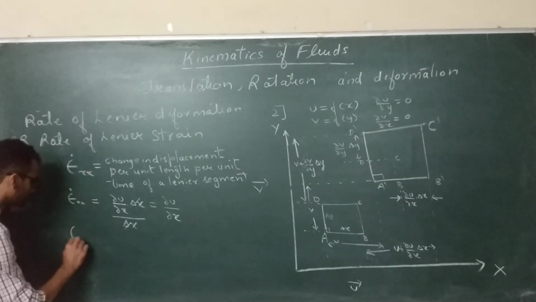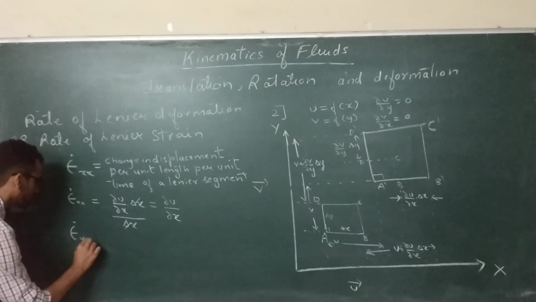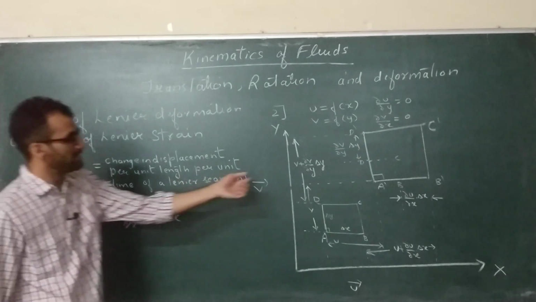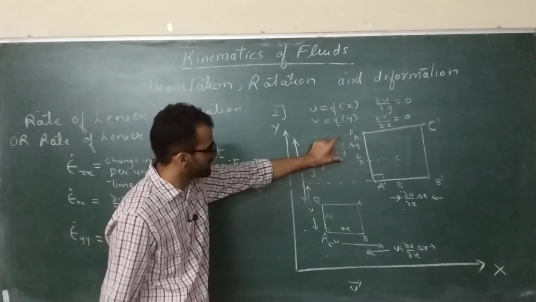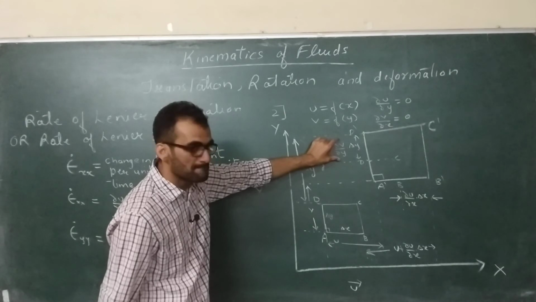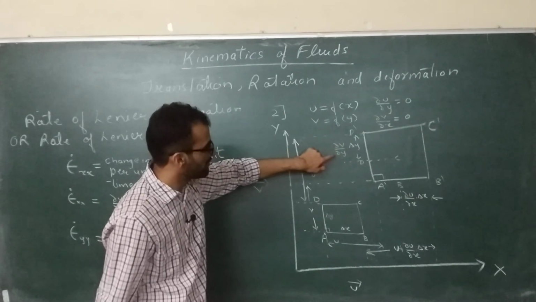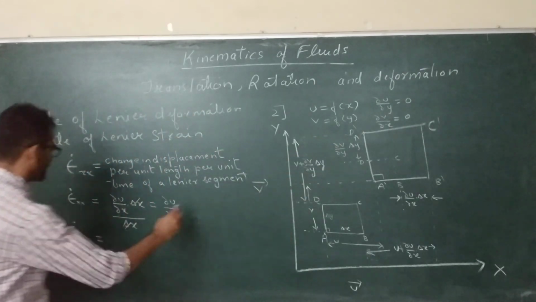Similarly along Y axis, what is the change in linear deformation? It is del V by del Y into delta Y. This is per unit time.